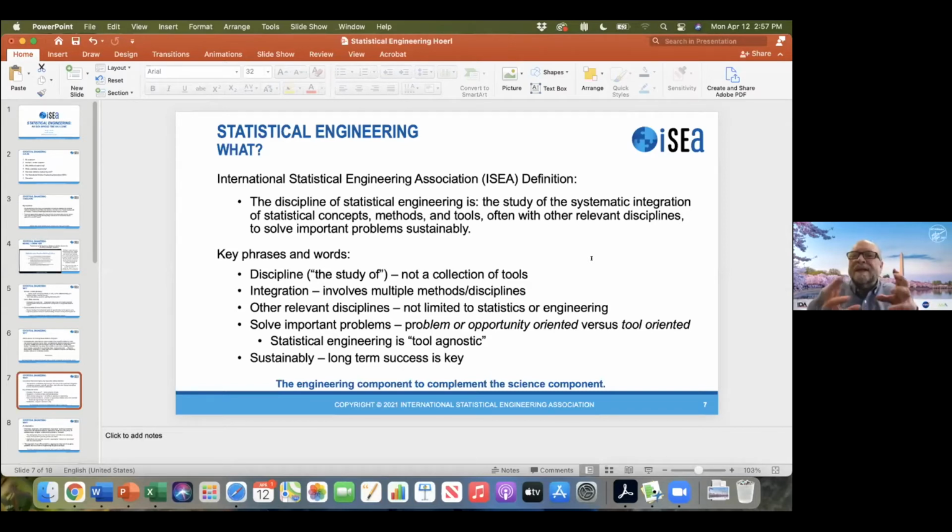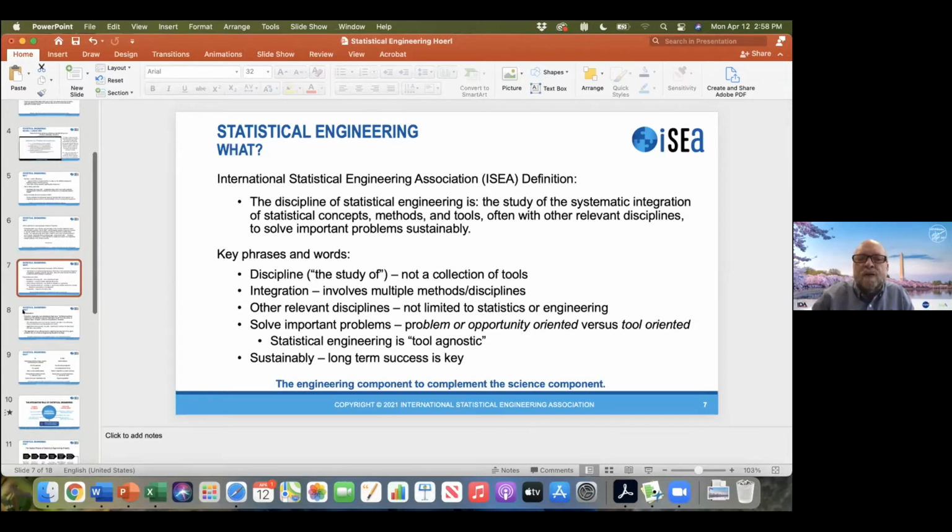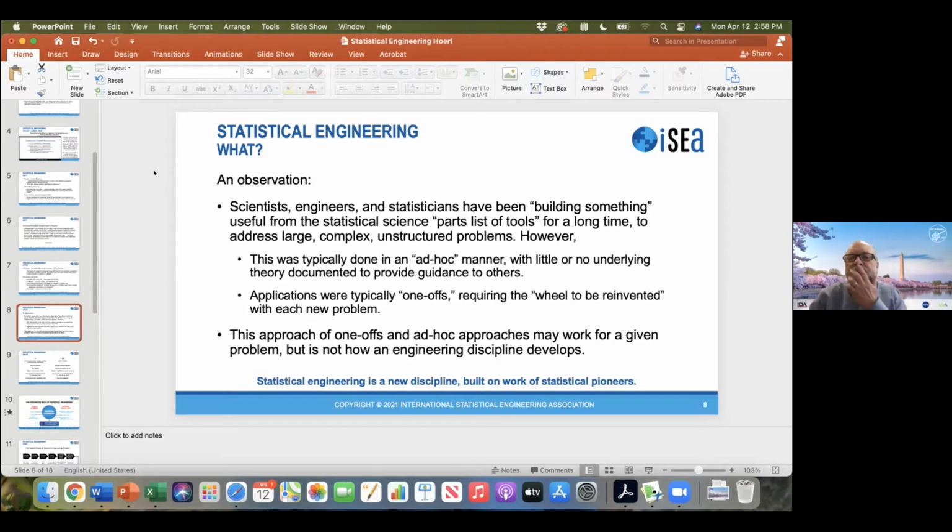It doesn't emphasize one set of tools over another, but really looks at the problem and says, what tools are actually needed to solve this particular problem? And to solve them sustainably, meaning not to win a data competition or some short-term goal, but to really solve a problem for the long term. And I think these provide the engineering counterpart to the fundamental tools of statistical science.